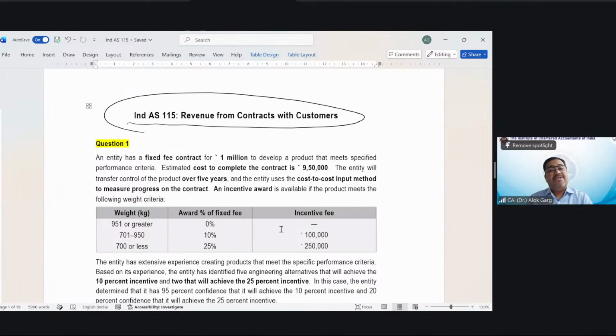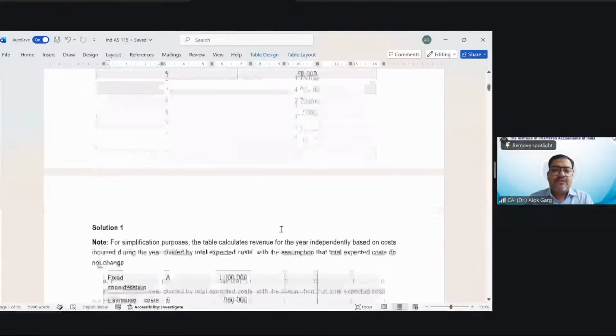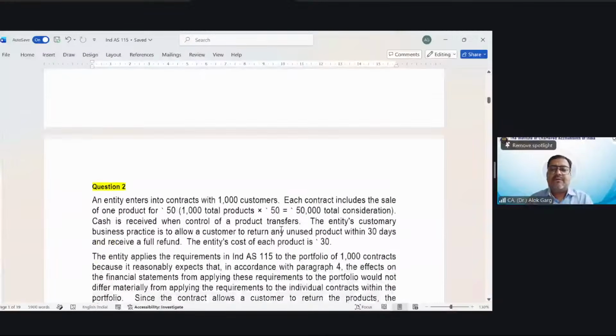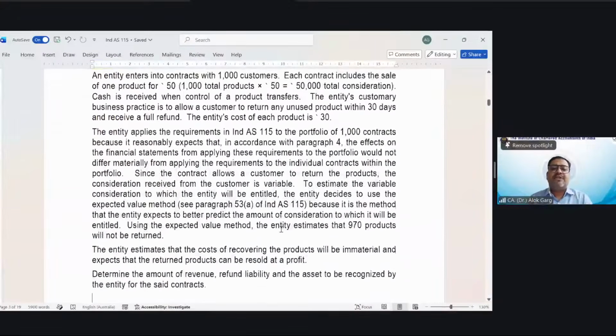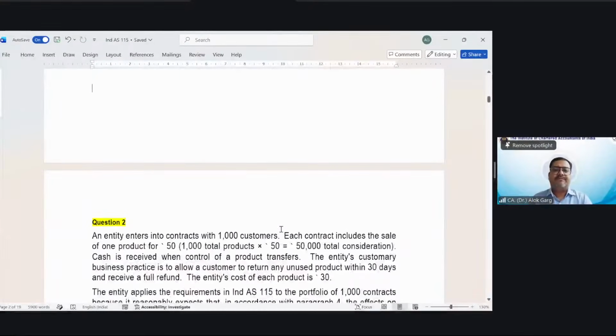And friends, just a disclaimer: in that revision, of course, I have not covered 100%, okay? But yes, I have covered thematically the entire Ind AS 115. Few aspects I am going to cover right now also, okay? Yes. So just a minute. I have to cover question number 2, my dear friends.